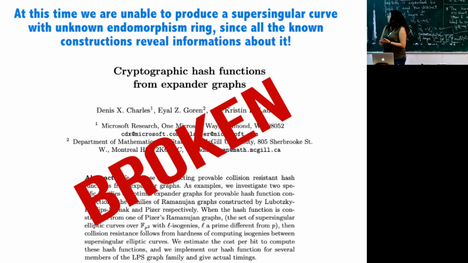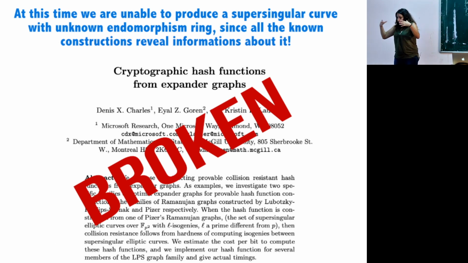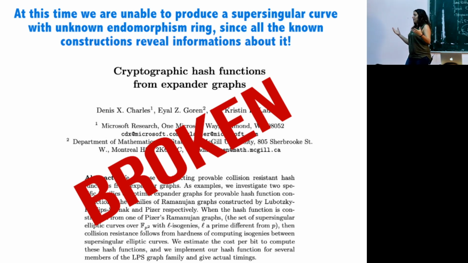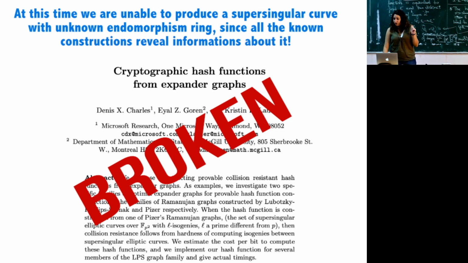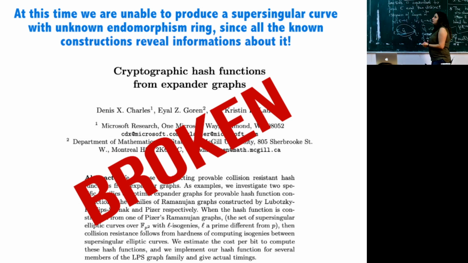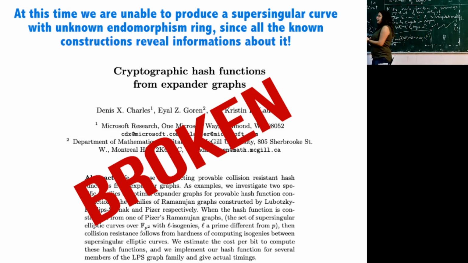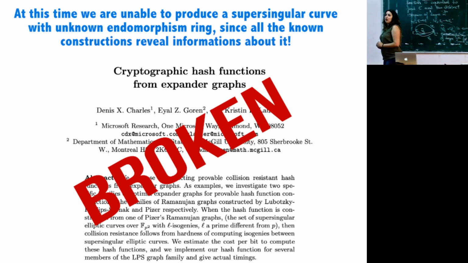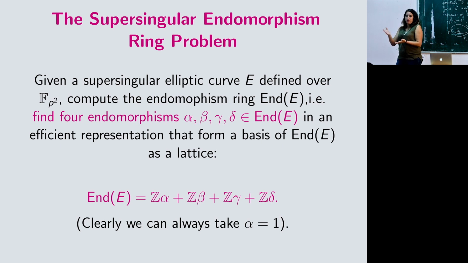This gives us the idea for 2 important problems in isogeny-based cryptography. The first one is called the supersingular endomorphism ring problem, which is: I give you a supersingular elliptic curve defined over F_p squared, and the problem is to compute the endomorphism ring.